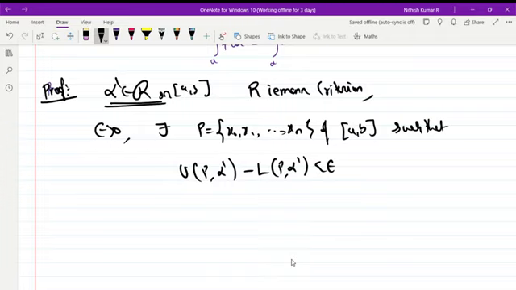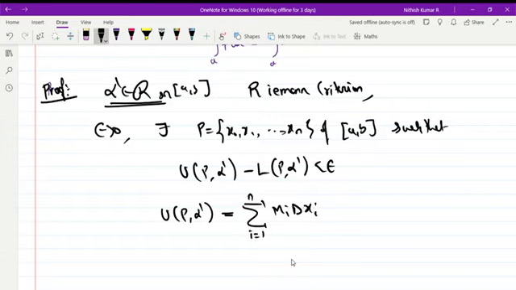And now what is U(P, alpha dash)? It is nothing but summation Mi delta xi, i is equal to 1 to n, where Mi is the supremum of alpha dash of x, where x lies between xi minus 1 and xi.